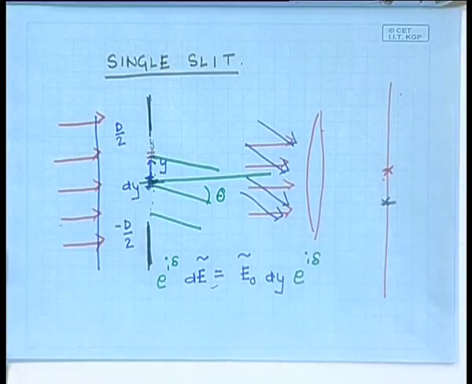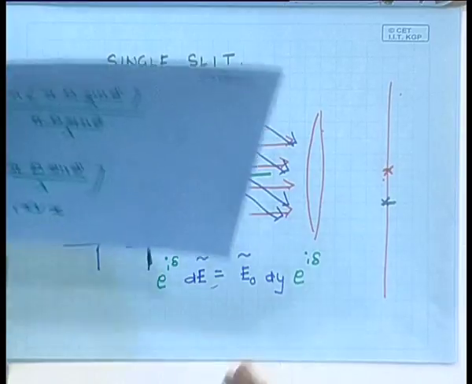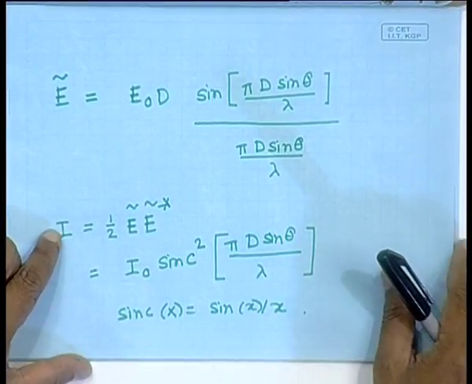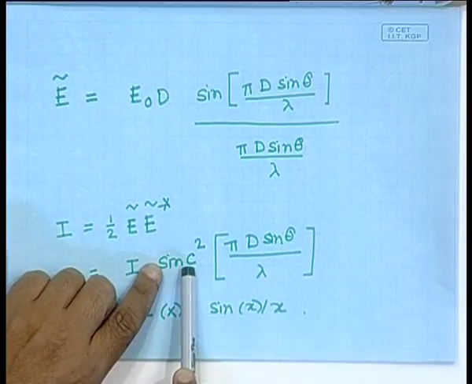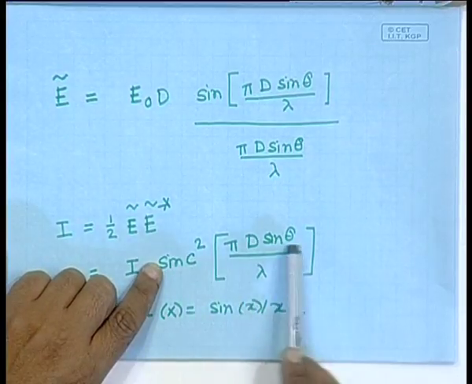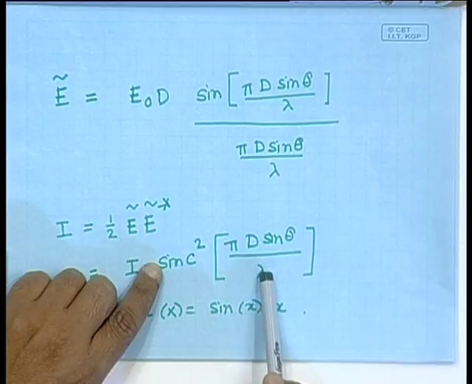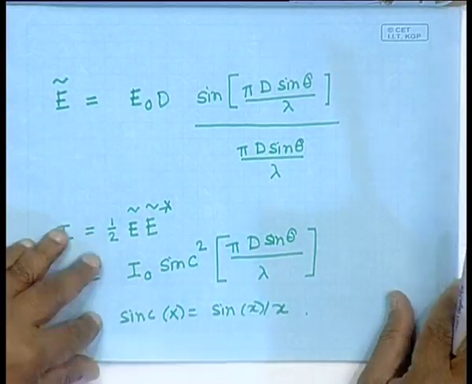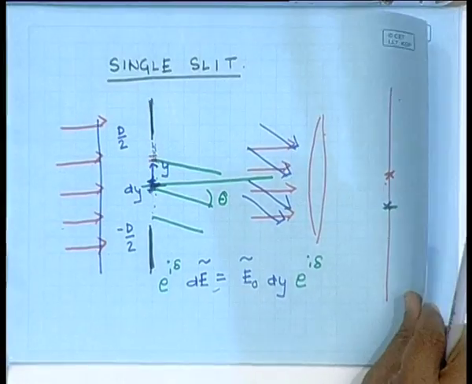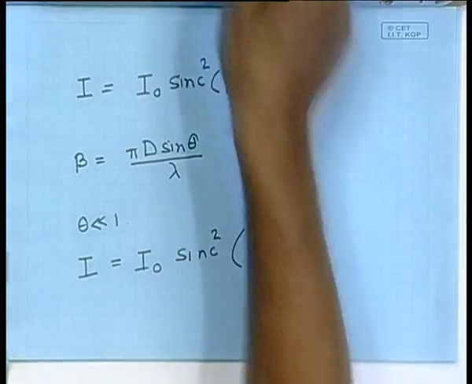and we have calculated it, and it turns out to be I, which is a function of theta, is I naught sinc square pi d sine theta by lambda. Let us just forget about this expression and rethink about the problem.